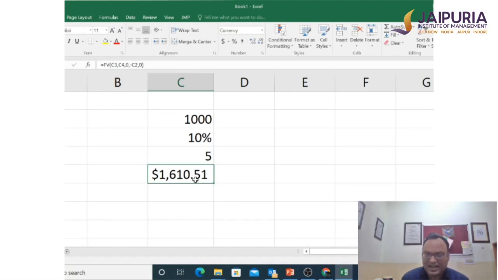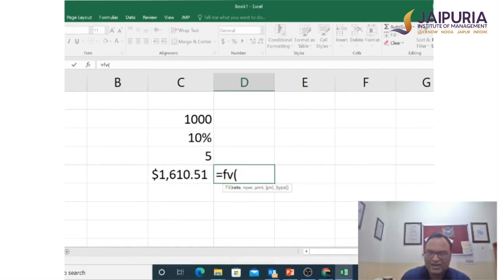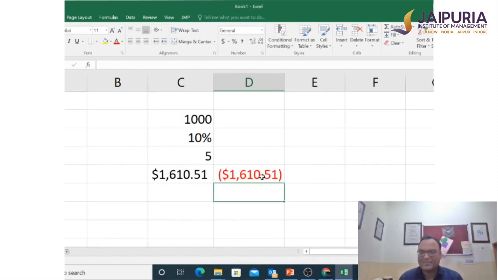Now, as I mentioned, I was talking about the sign part. Let me again redo this with different signs. So future value, rate is taken as 10%, NPER remains 5, PMT ignore for the time being. Present value, this time I take in positive sign, and type remains 0. This time my answer is coming in negative sign.